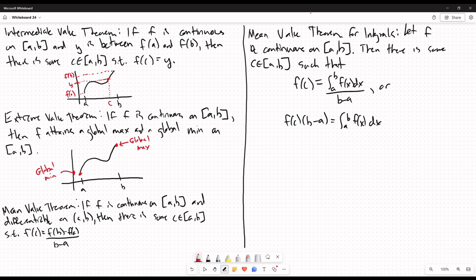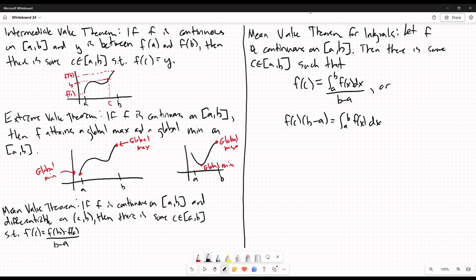We could have a different picture, maybe something like this, where our global max is still at an endpoint, but our global min is right here. But what we're saying is if we're on a closed interval and we have a function on that interval, we'll always be able to find a global max and a global min.